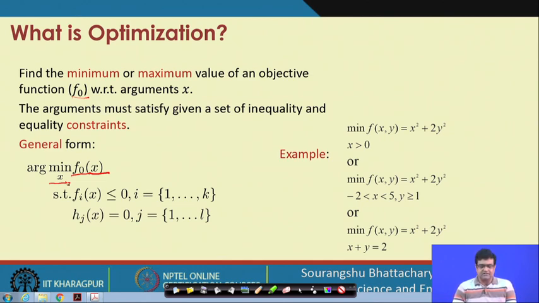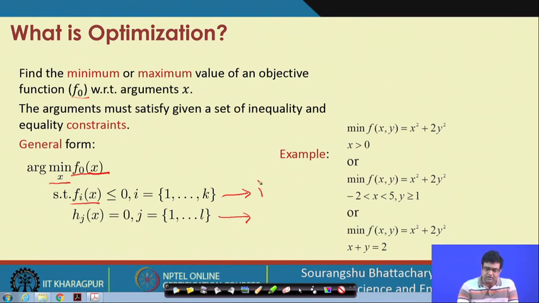Now, the other condition is that the arguments must satisfy some constraints. There can be two types of constraints. These constraints are called inequality constraints, where the constraints are of the form fi of x is less than or equal to 0 for a certain number of functions fi, say i is equal to 1 to k, and these constraints are called equality constraints.